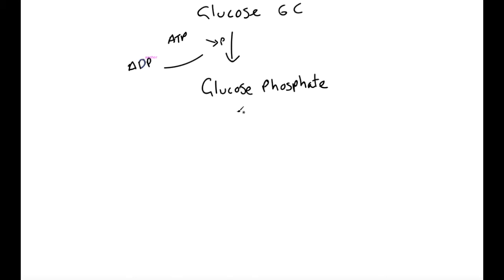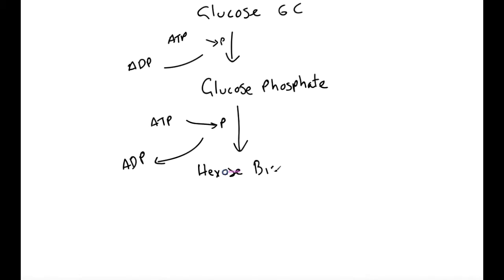Then another stage takes place where another ATP comes in the exact same way as before, drops its phosphate off, ADP leaves, and then it makes another molecule called hexose bisphosphate.